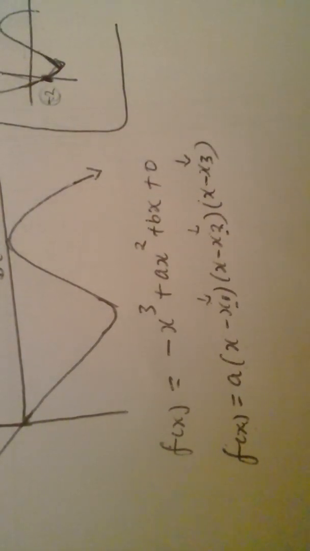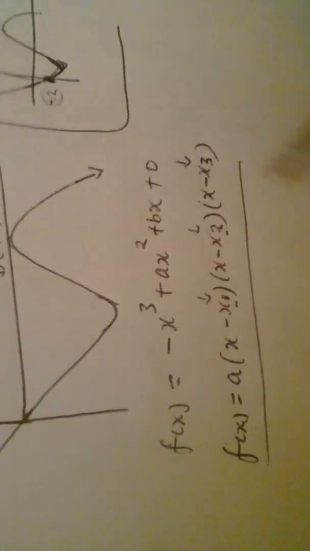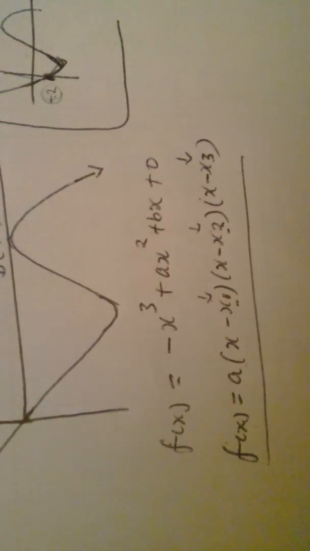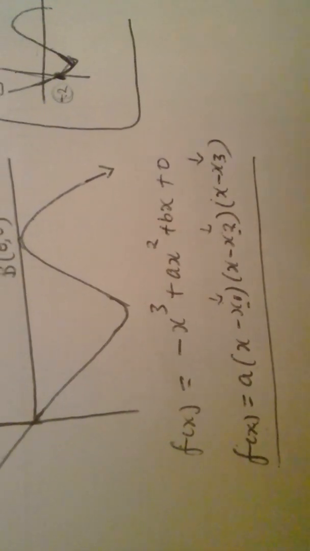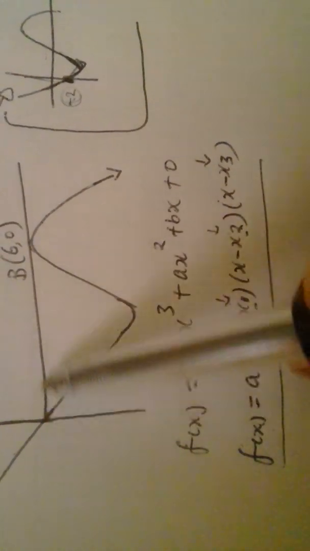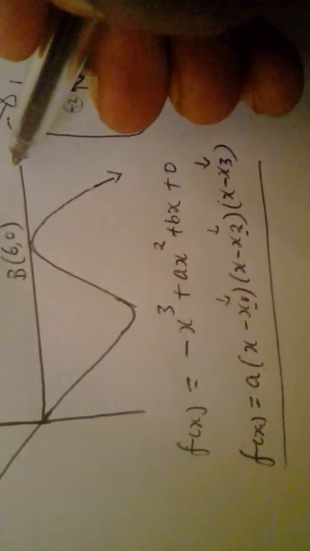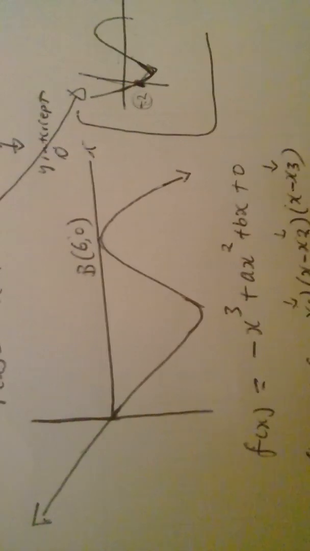So x1, x2, x3 will be our x-intercepts. So use this equation when you have the x-intercepts. Do I have the x-intercepts? The first x-intercept that I have is here. The x-intercept is where the graph passes through the line of x. This is x, this is y.